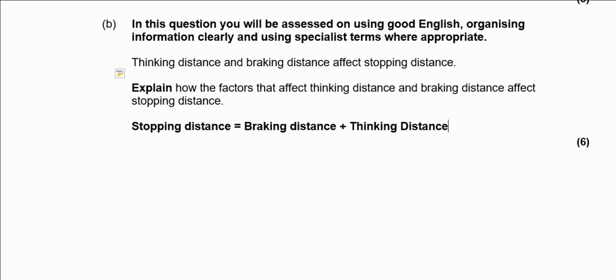We know that. It's already kind of been given to us, but it's a more obvious, explicit way of laying it out. I have to explain how factors that affect these two things affect stopping distance. So I can immediately break this down into 2 separate sections. Braking distance and thinking distance.